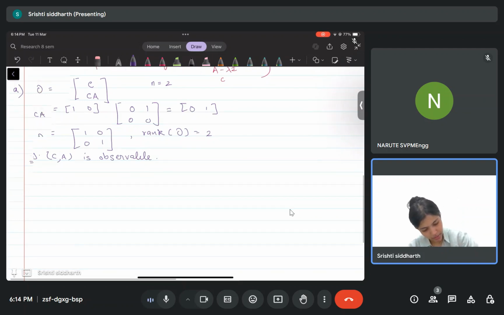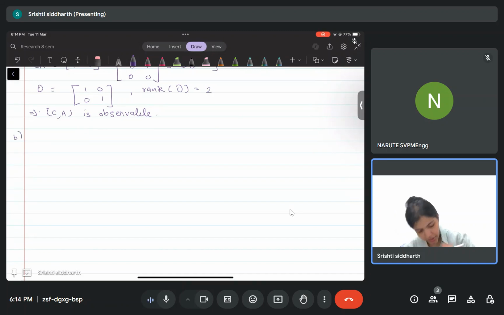We have the second part. If we take the second state as the output, does the system remain observable or not? So again, we have to compute CA. This time C is going to be 0, 1, times 0, 1, 0, 0. So the observability matrix in this case becomes 0, 1, 0, 0.